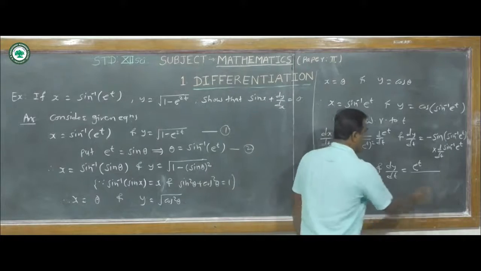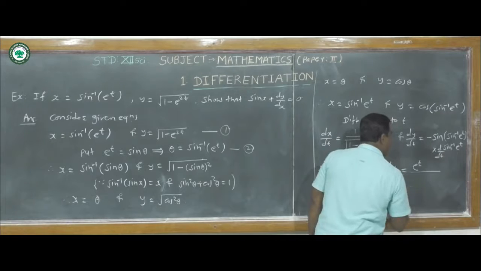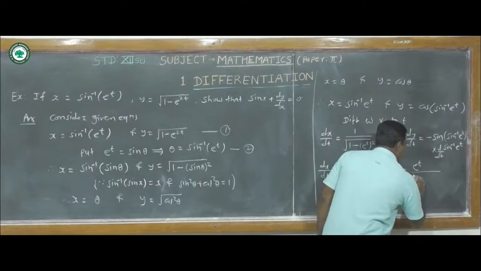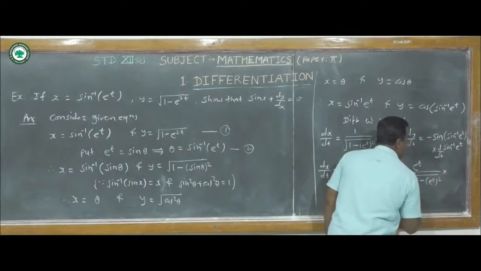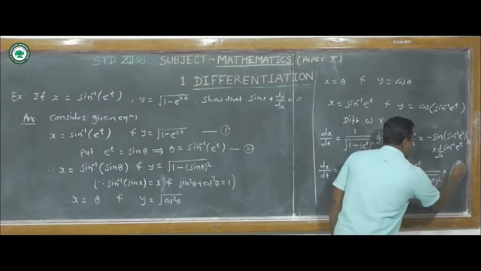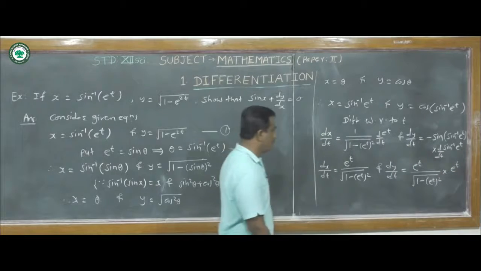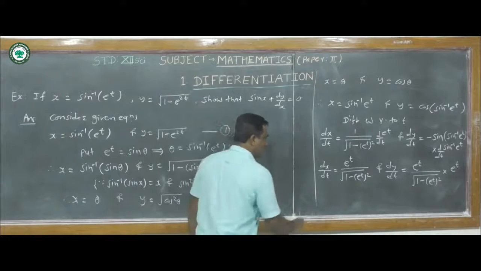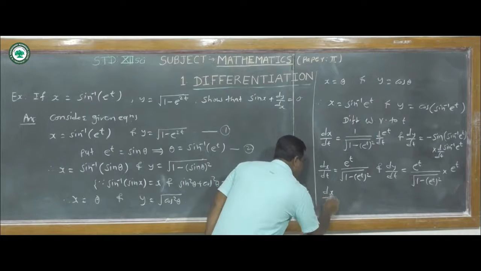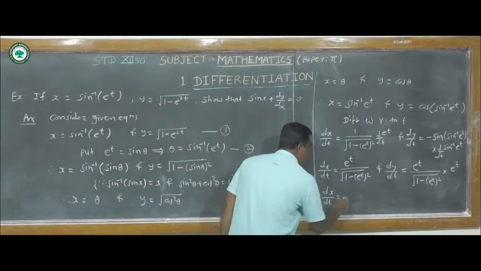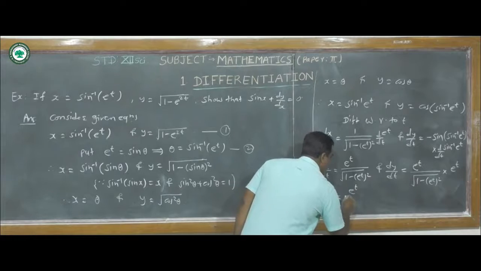Using this formula, the derivative of sin inverse of e raised to t is 1 upon under root 1 minus (e raised to t) square into the derivative of e raised to t, which is e raised to t.